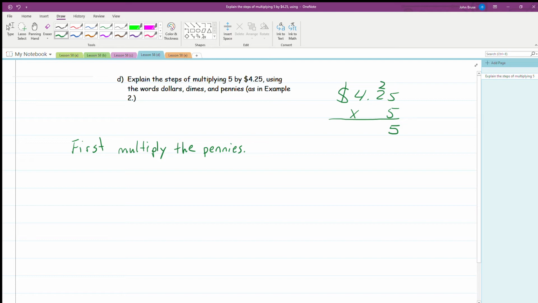Okay, so first multiply the pennies. So we've got 5 times 5 pennies equals 25 pennies.